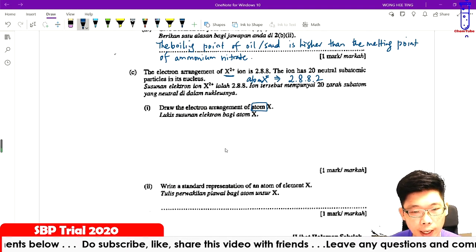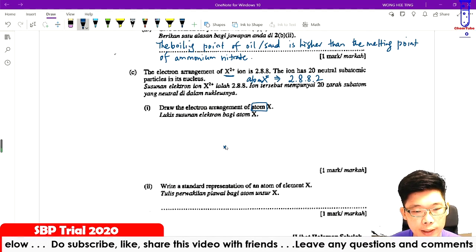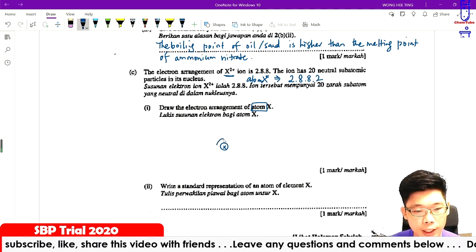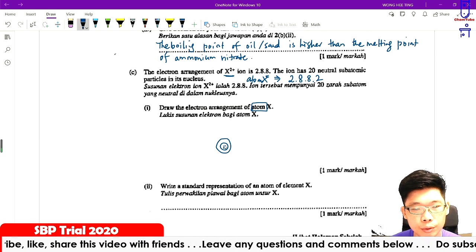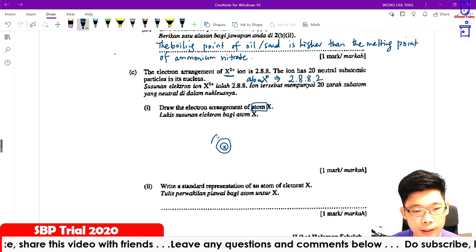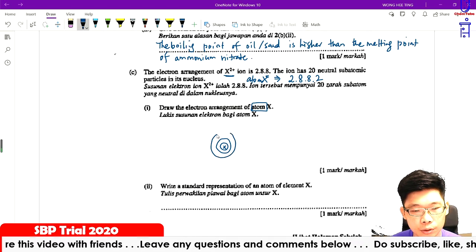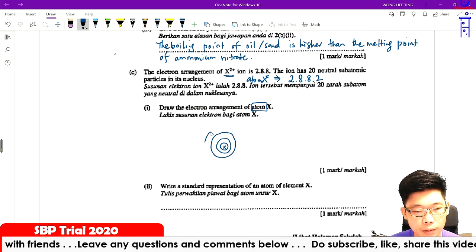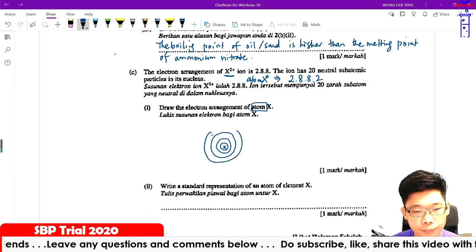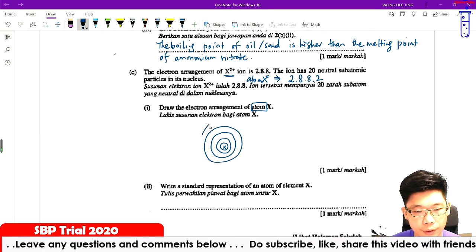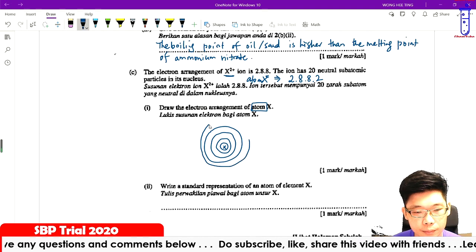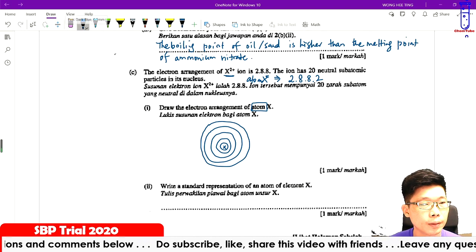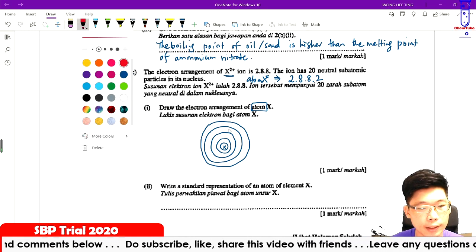So X is the nucleus. We draw the shells first. Later I use different colors to represent the electrons. There are 4 shells: 1, 2, 3, 4.